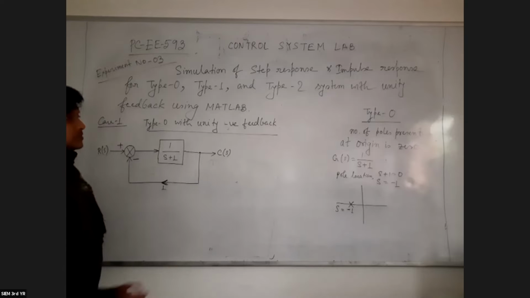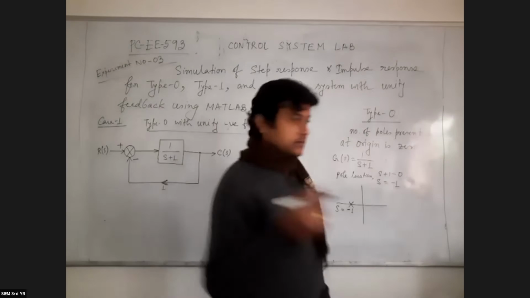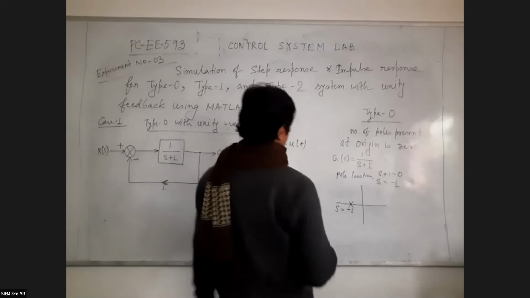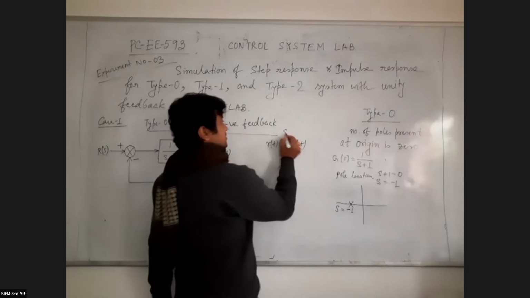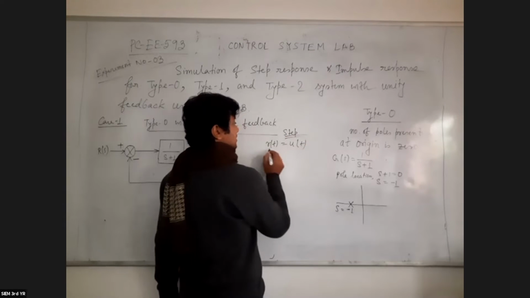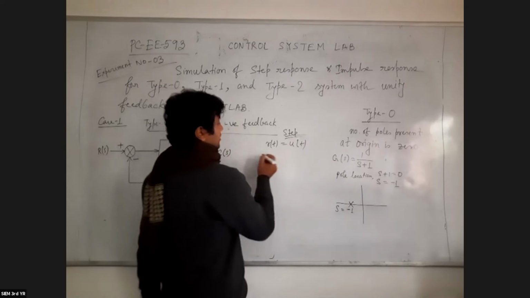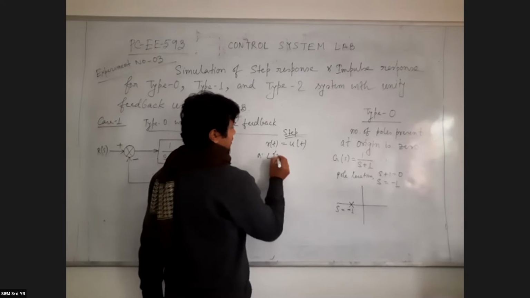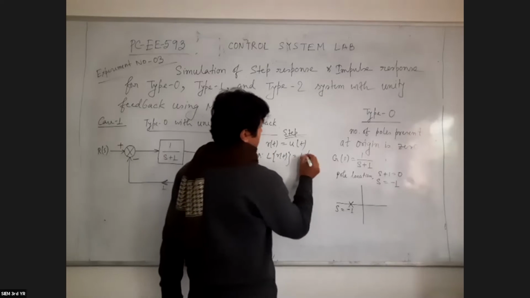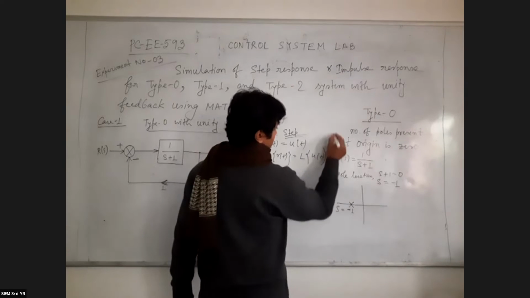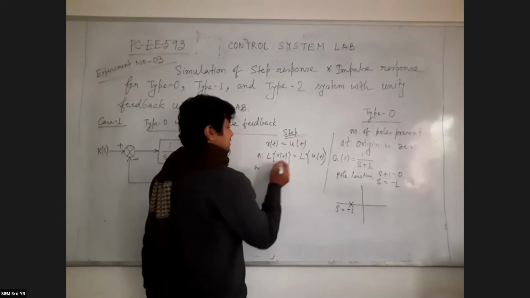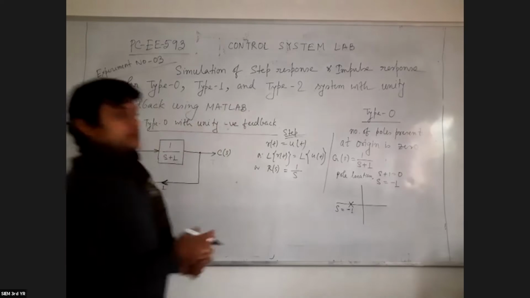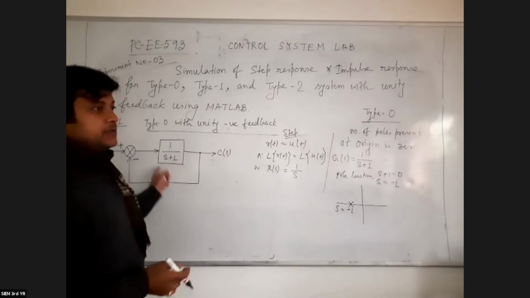For the step response, the input is r(t) equals u(t), and the Laplace of r(t) becomes R(s) equals 1 by s. That means we apply 1 by s here.